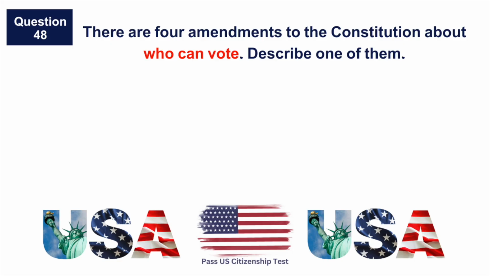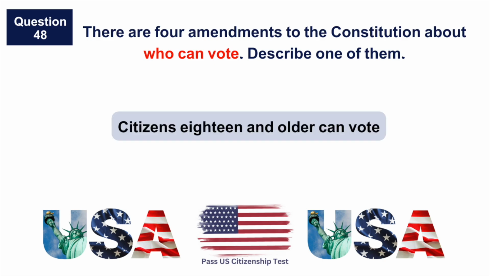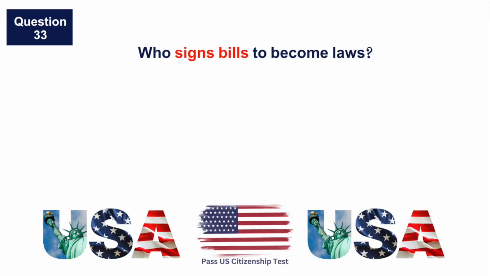There are 4 amendments to the Constitution about who can vote. Describe one of them. Citizens 18 and older can vote. Who signs bills to become laws?